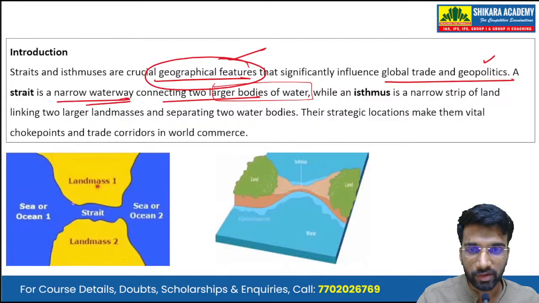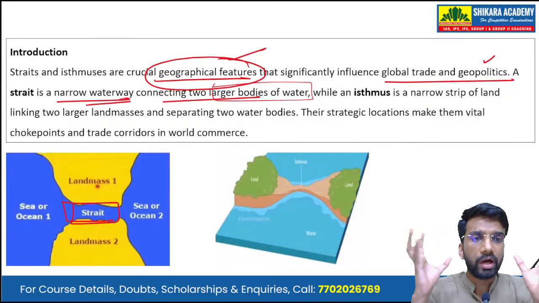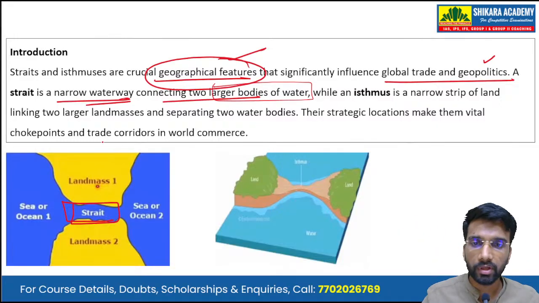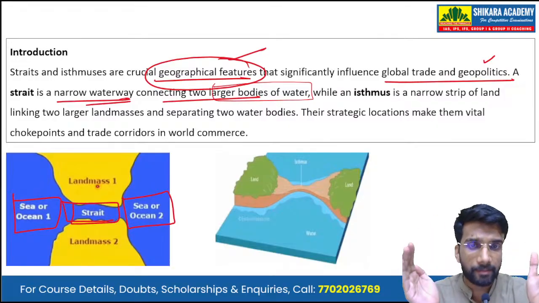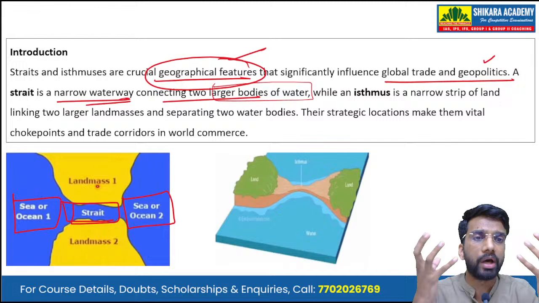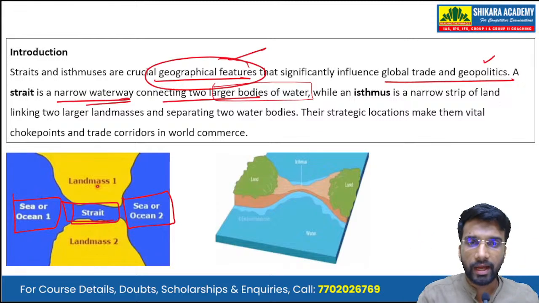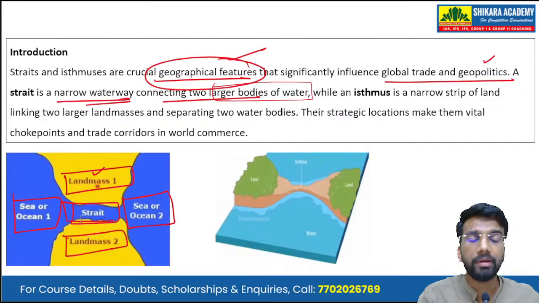So we have these two large bodies, that is two oceans or two seas, that are connected by a narrow waterway, and it lies in between two land masses.